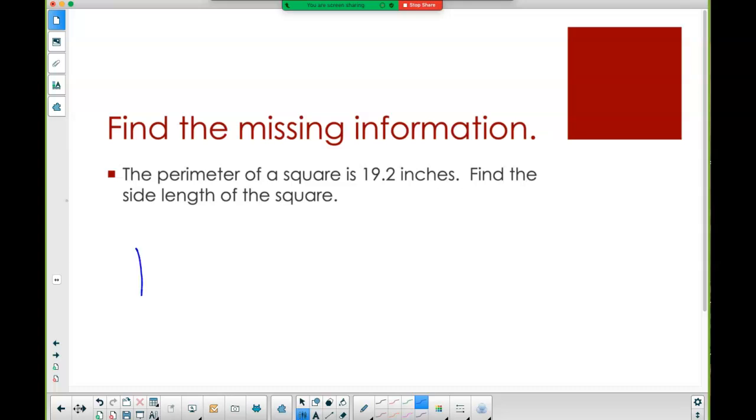Okay, so if I draw this square, and I don't know the sides right now, but I'm going to label them all X. And we know they're all the same because it's a square. Agreed? So, perimeter means we're adding all the sides. X plus X plus X plus X equals 19.2.